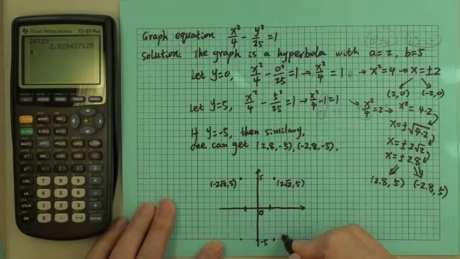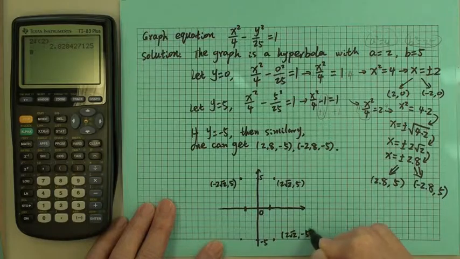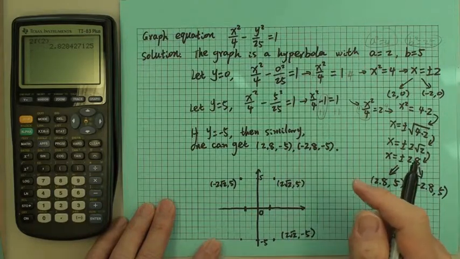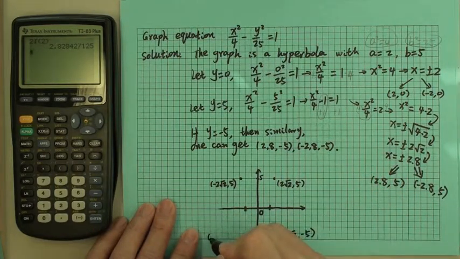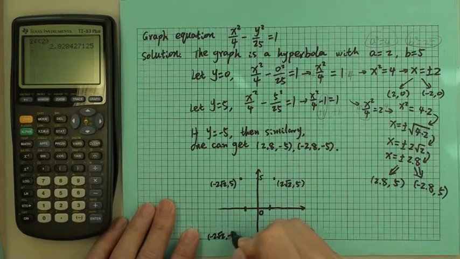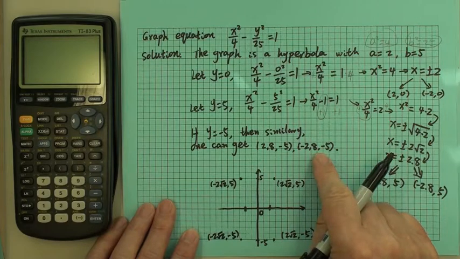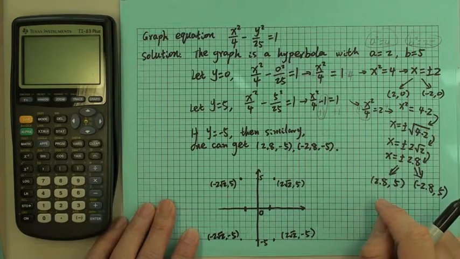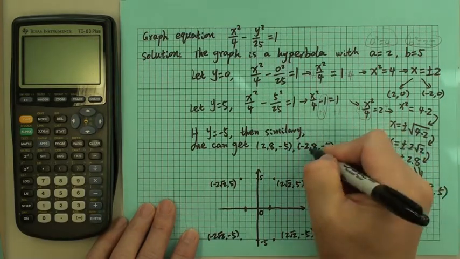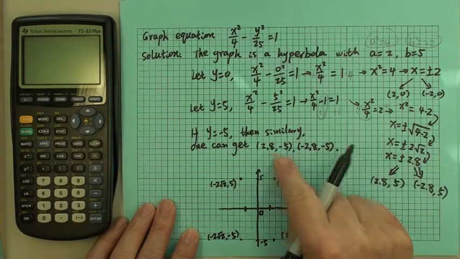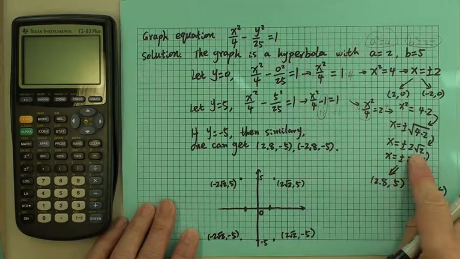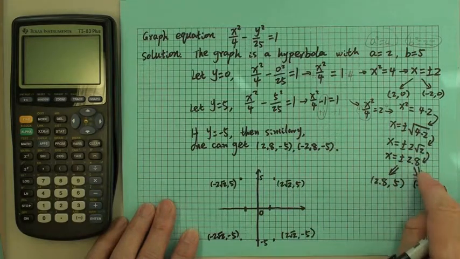Similarly, here you have another point, 2 radical 2, negative 5. And then here is negative 2 radical 2, negative 5. Again, 2.8 is approximately 2 radical 2.